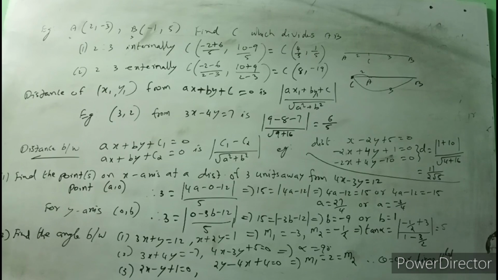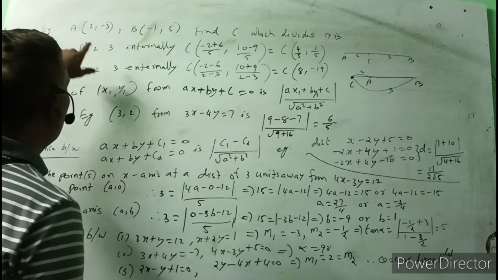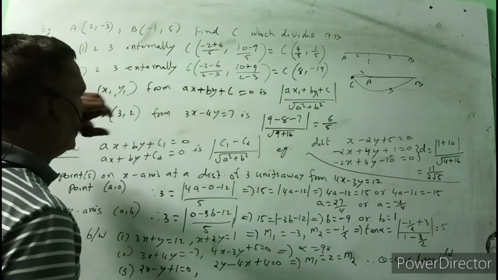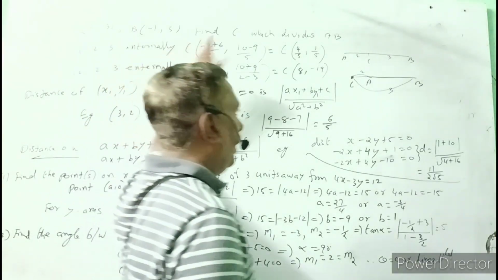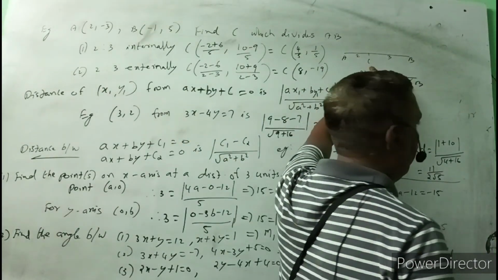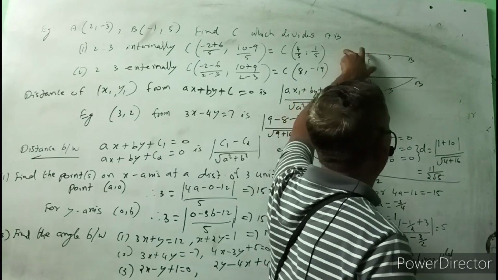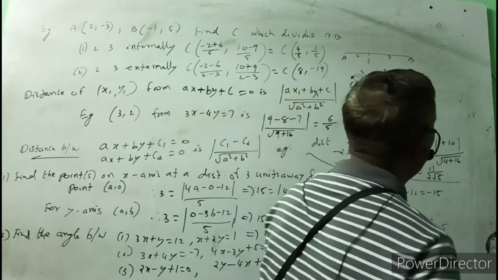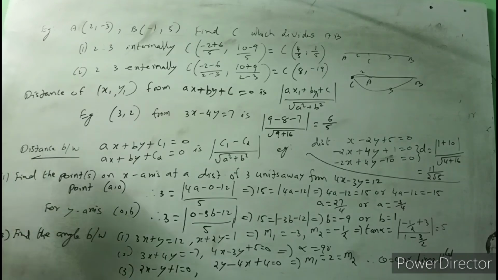So let us see some examples. Here I took two points A and B, and I need to find a C which divides AB in the ratio 2:3 internally. It means you have to find a point in between A and B in which the ratio is 2:3, that is AC is to BC equal to 2:3. That we studied in 10th standard, no change.